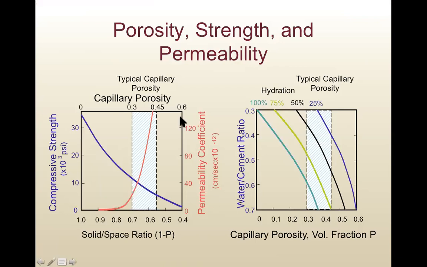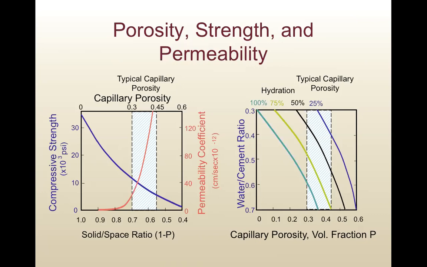All right, here shows the correlation between the porosity, the percentage of the voids, the strength of concrete, and also the permeability. Permeability is defined as how easily water and ions, as well as some other materials, can transport inside the concrete.